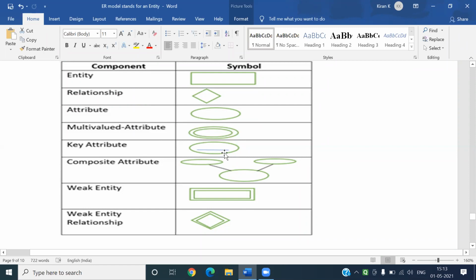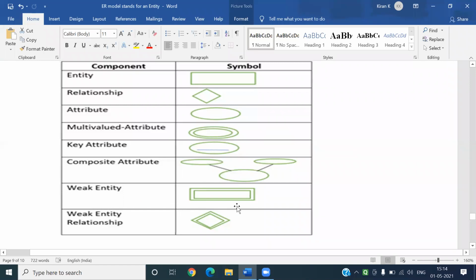Key attribute is shown with an oval shape with an underline. Composite attribute is shown in a tree-like form. See, this composite attribute is written here, and the divisions, the slices, are shown like this.